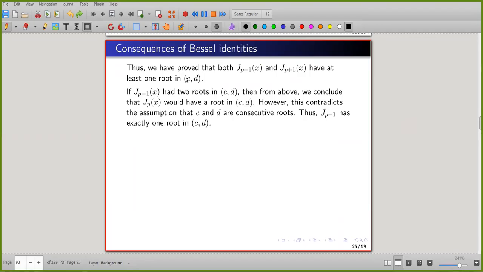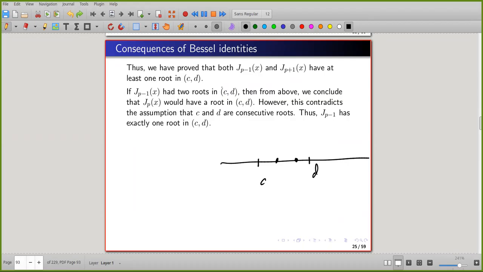So if J_{p-1} has two roots in the interval (c, d), so what do we have? We have this function J_{p-1}, and let's say it has two roots here and here.